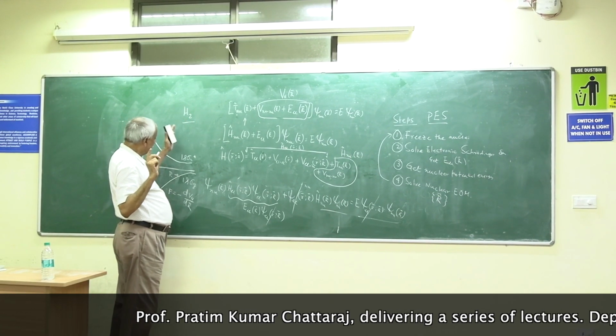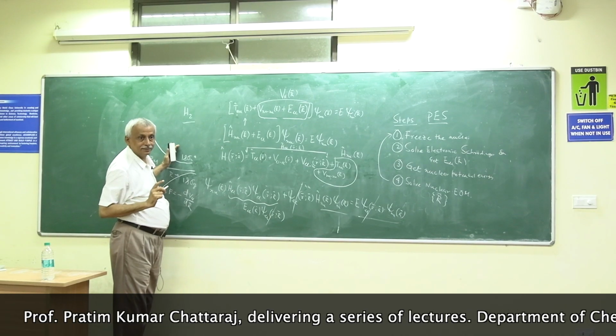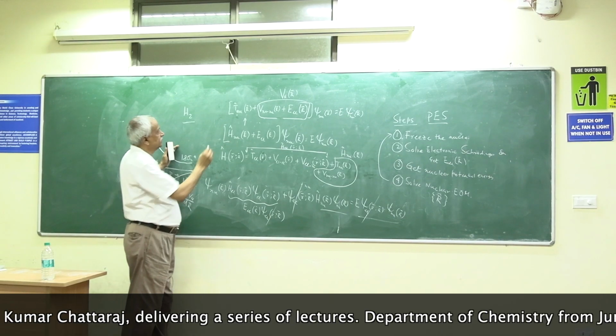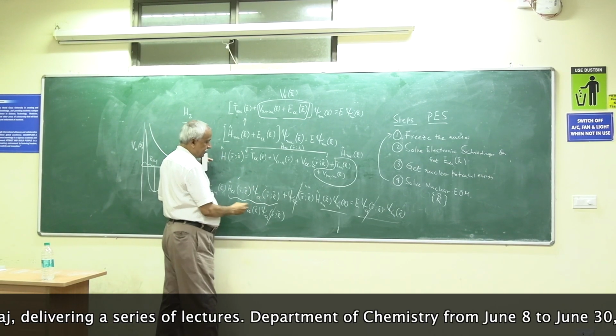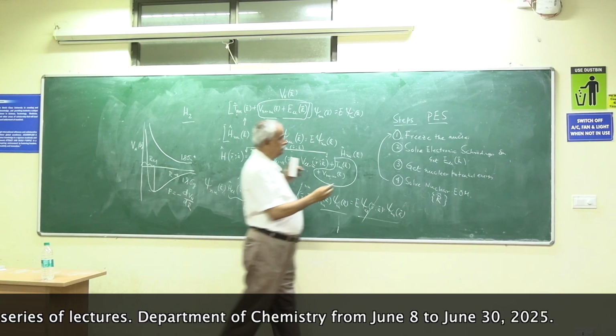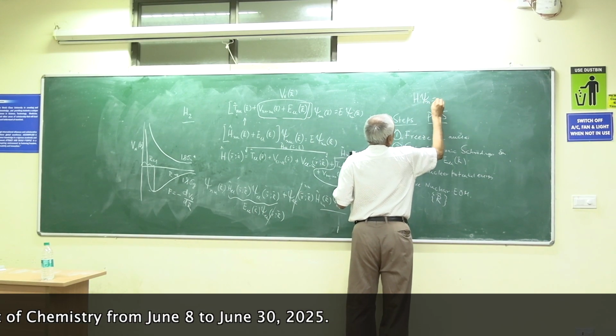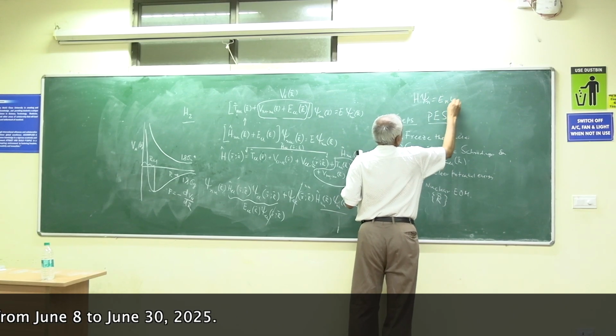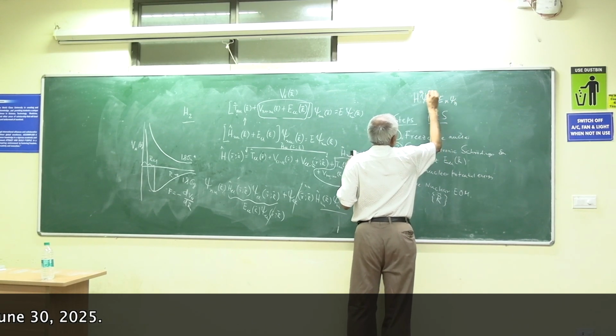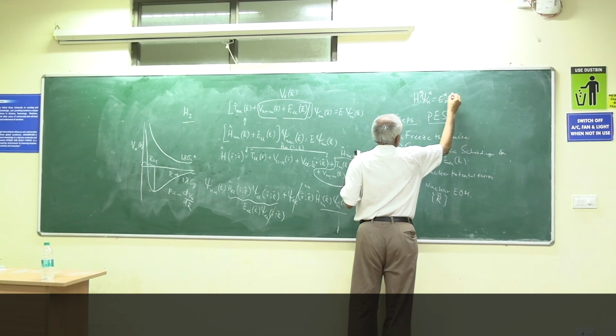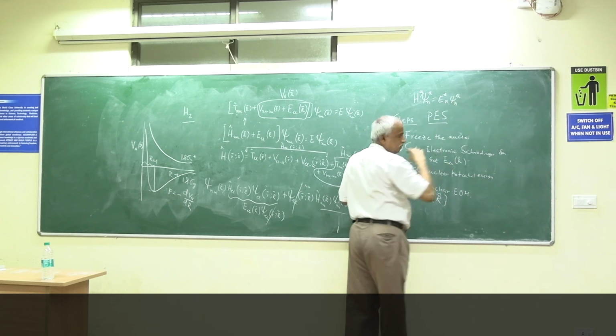So all these orbitals, how do you get them? Now here, when I say the electronic Schrodinger equation, actually this is H psi n = En psi n. So these are your electronic states.